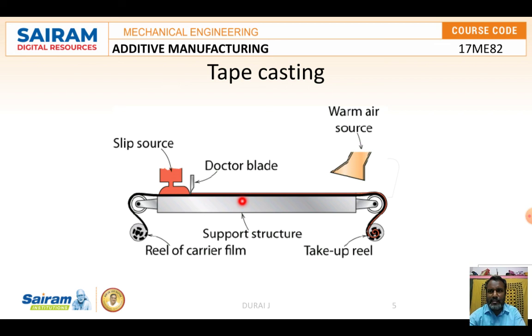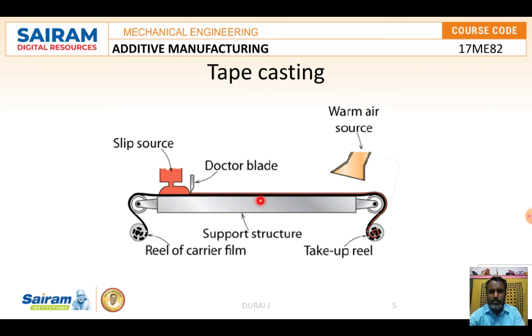During sintering, the binder is burnt off first, and as the temperature increases, densification of the material occurs.